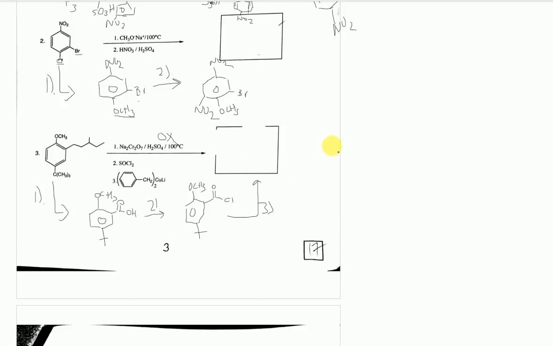So our answer is going to be, get all the other stuff on there. And then we have the ketone. So you basically just replace the chlorine group with whatever group is in here. And so we have this. All right, and this is our answer. All right, and now moving on.